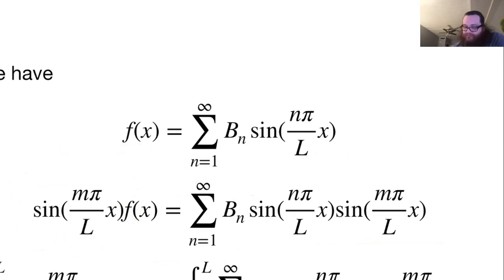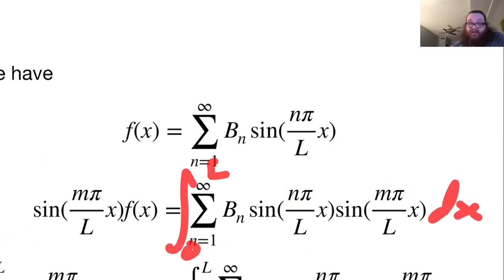Note that over here, the summation is over n, and so this m is constant for each of these terms. Now what we're going to do is integrate both sides from 0 to L with respect to x.